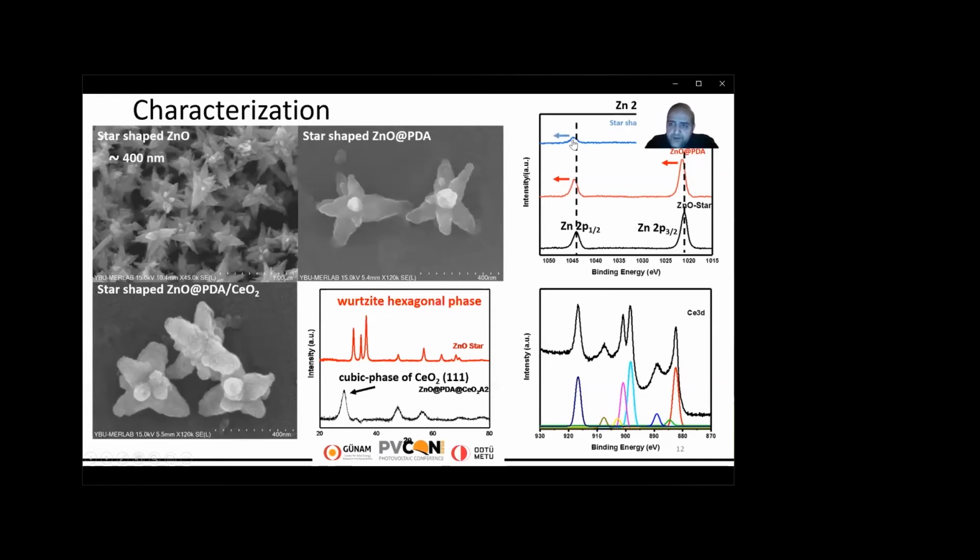Also, there is another shift to the higher levels when cerium oxide is introduced. So we have successfully synthesized the photocatalyst. And cerium 3d spin orbital electrons reveal that the cerium oxide nanoparticles are comprised of cerium 4+ and cerium 3+ with a majority of cerium 4+ ions.